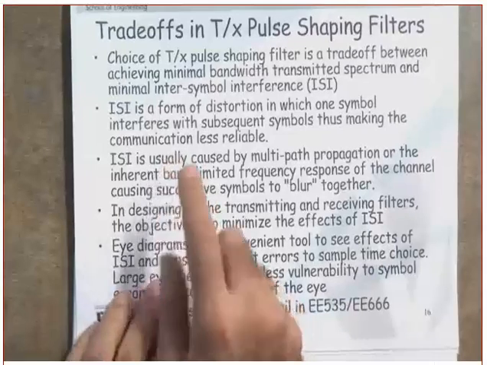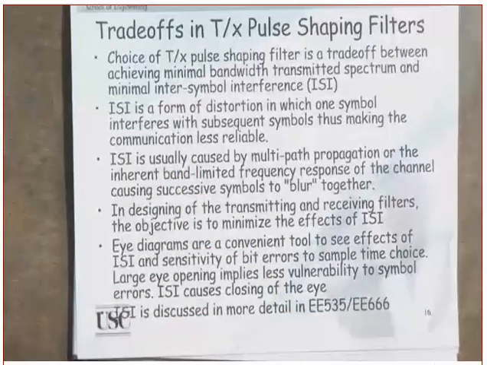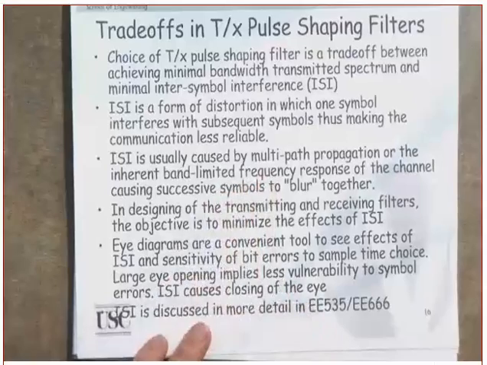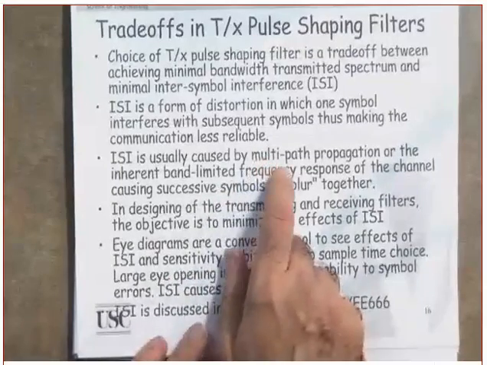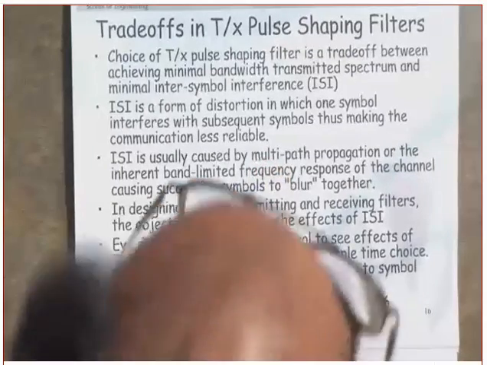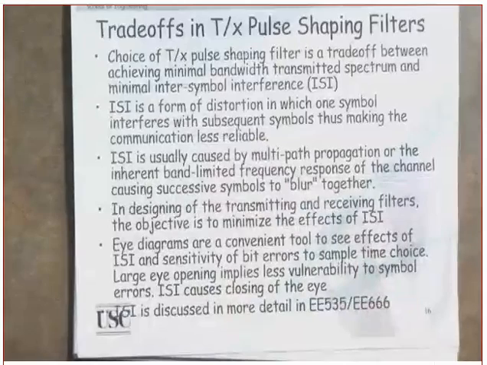Clear? The major reason for ISI is the concept of multipath communications, or multipath propagation, where the signal goes into multiple paths with variable delays, and it will be received at different times, hence interfering with other symbols in the future.